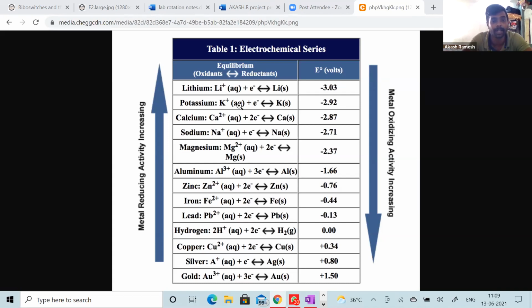That means they have a natural tendency to undergo oxidation. So whenever you see a negative value of reduction potential, that particular element has a natural spontaneous tendency to undergo oxidation. And whenever you see a positive value, that particular element can easily undergo reduction. That's what you have to understand.